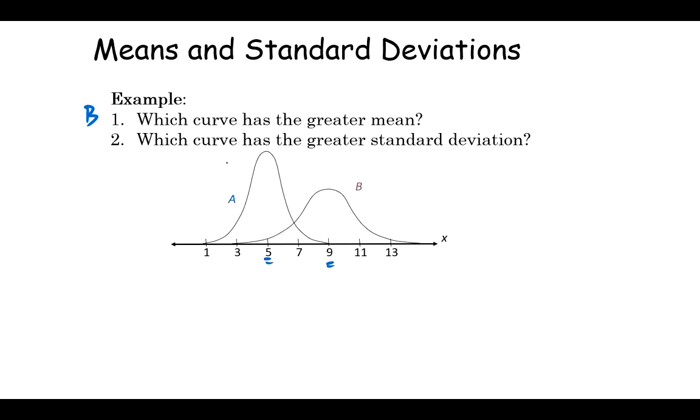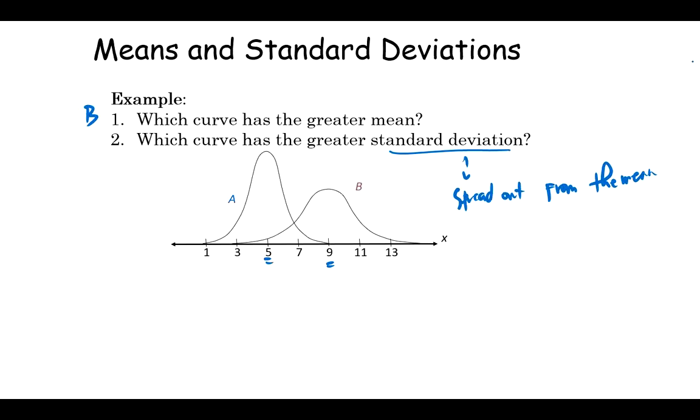Next, which curve has a greater standard deviation? Pag sinabi nating standard deviation, this is how our data being spread out from the mean. Gaano siya ka-spread or kalayo sa mean. Kung makikita nyo sa curve A, patayo, paumbok siya. So, ibig sabihin, habang patayo yan, class, malapit siya kay mean.